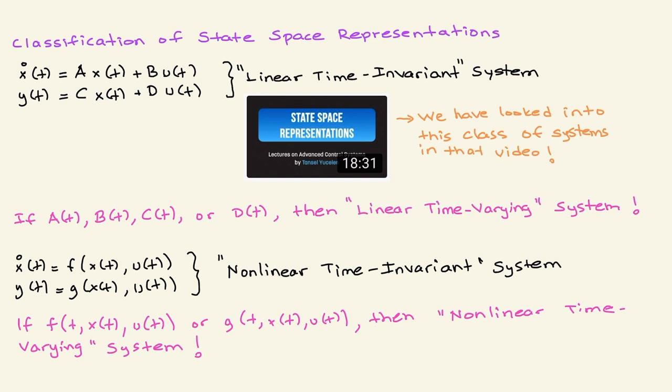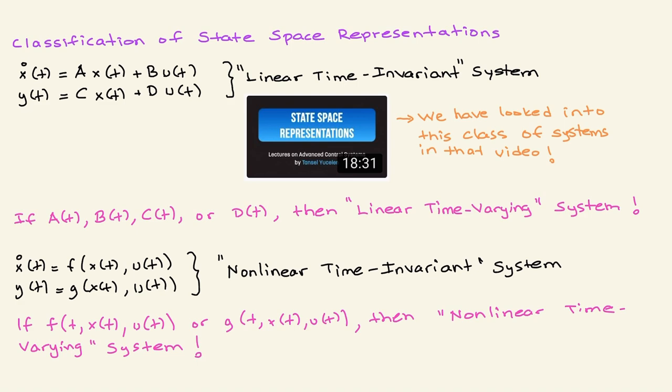Now, if this function also depends on time, or the output function here depends on time, like I showed here, then we call this a nonlinear time varying system. All right, so if we have a dynamical system, you can very generally classify it as linear or nonlinear, time invariant or time varying system.